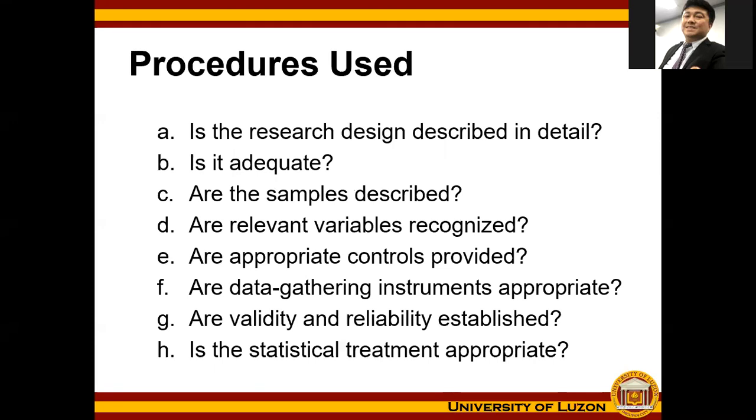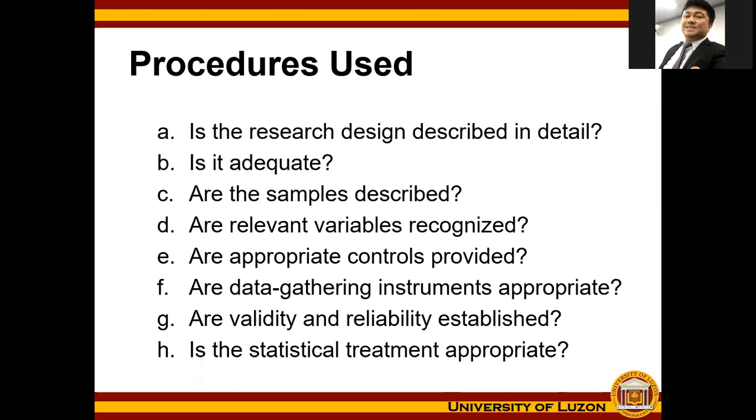Okay, so talking about the procedures, is the research design described in detail? You need to have a full account of what the design is all about, and you need to justify its adequacy. So when we say it's adequate, it should be answering the main problem statement, and so with the sub problems.